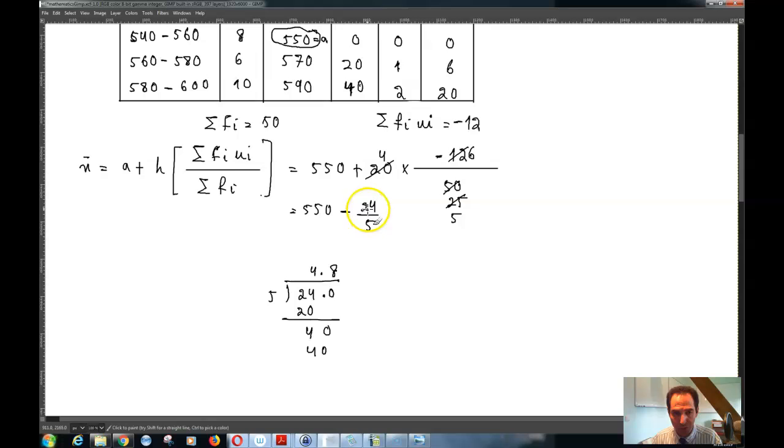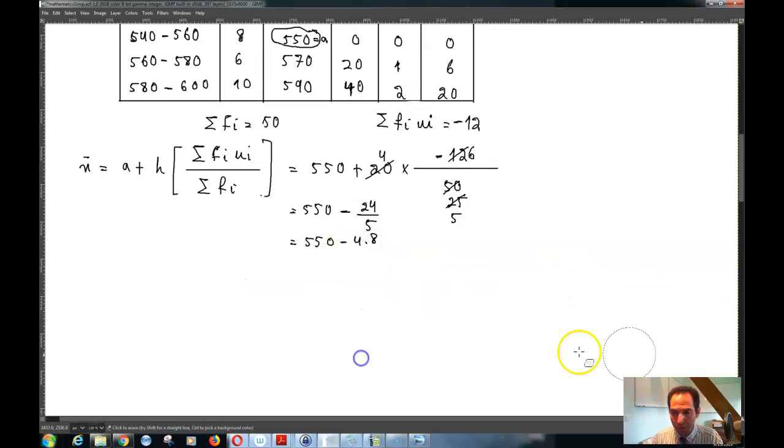So that's 4.8. That's 550 minus 4.8, which is equal to, 550 minus 5 is 545. So that's 545.2. 545.2. That's the average, the mean of your data.